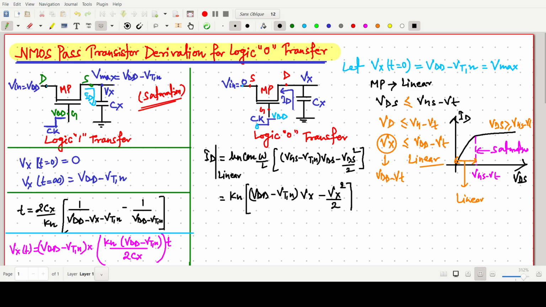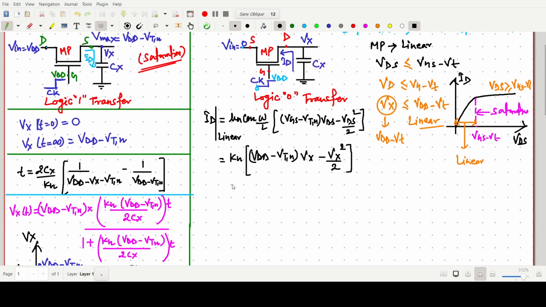One more line we have to write to make it simpler: the expression will be Kn by 2 times (2 times (VDD minus VTN) VX minus VX square). So this one is the expression for ID, the current that is flowing in the circuit.